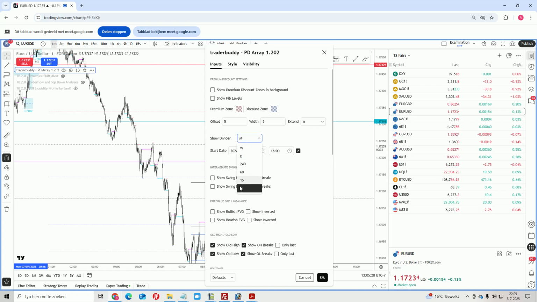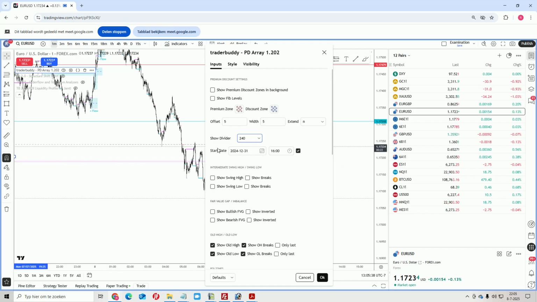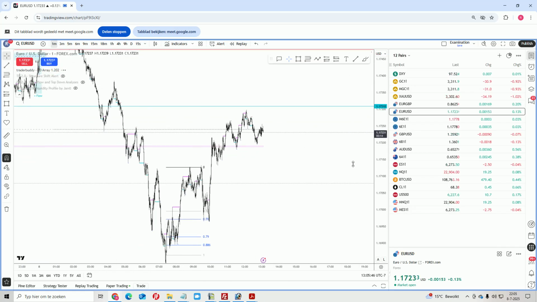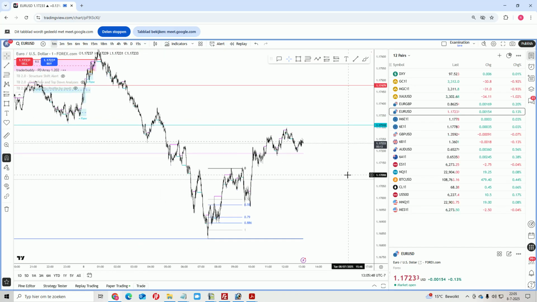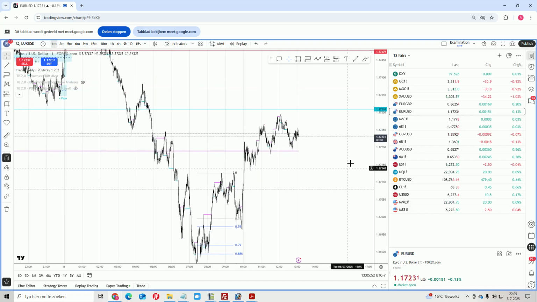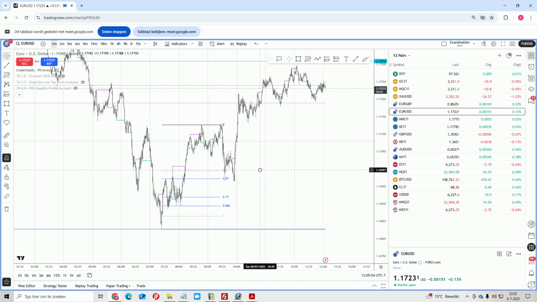The monthly, weekly, daily, 4 hour, 1 hour, 15-minute dividers. That's, well, obvious. If you put it on the 240, you get the 4 hour dividers. This is each hour you get a divider. Why is this important? Well, then you at least know when the close of the hour is.